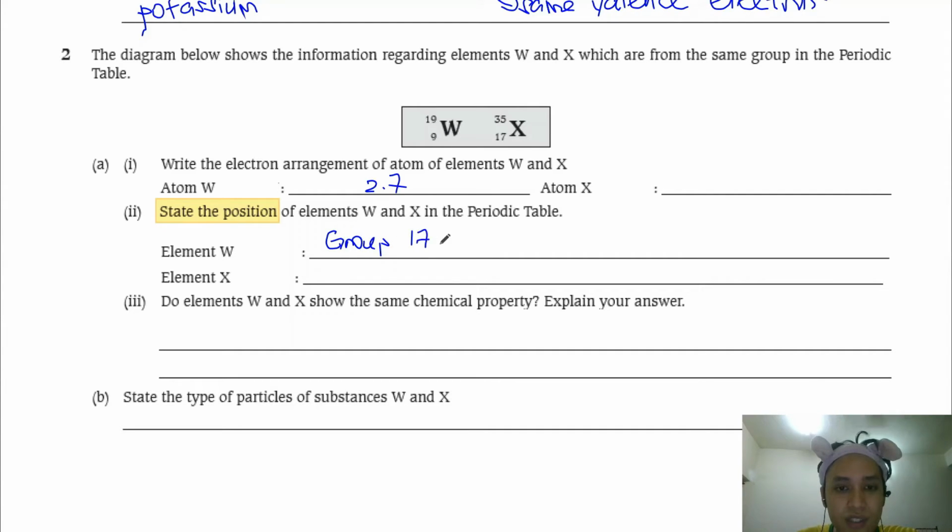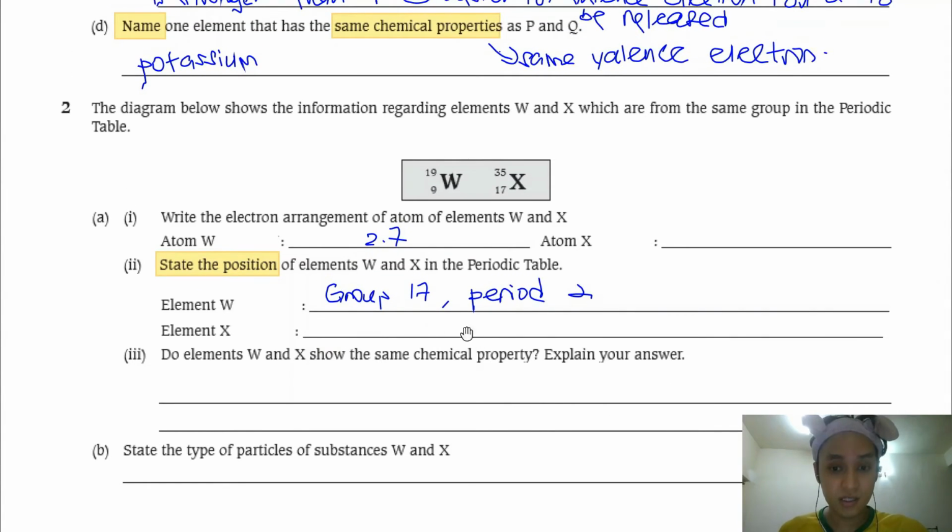This is like a revision for those who already forgot everything during the MCO. Which period? How many shells? I have 2 shells here, so period 2. And then again, same chemical properties. Remember I did mention on top, you see whether they have the same valence electron.